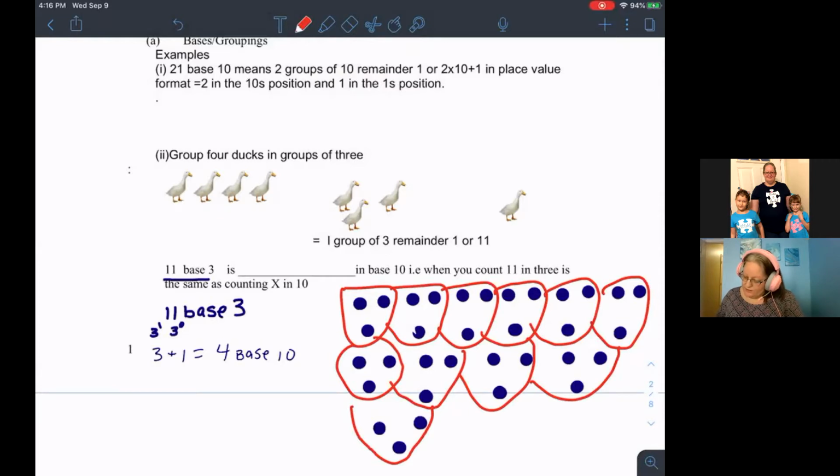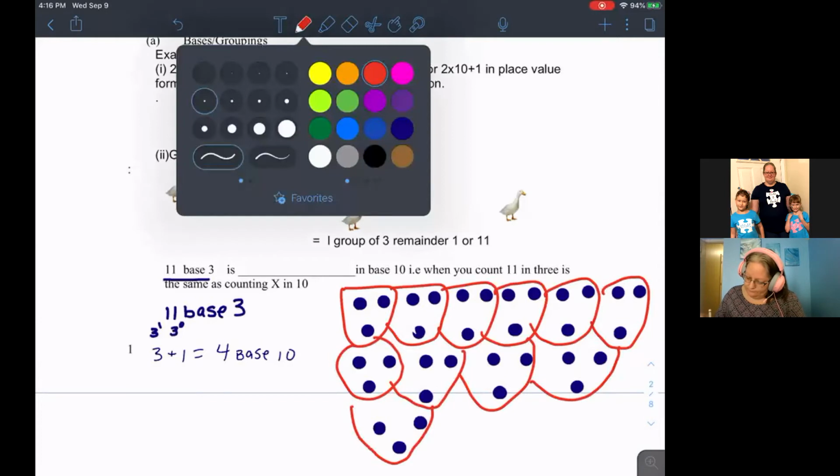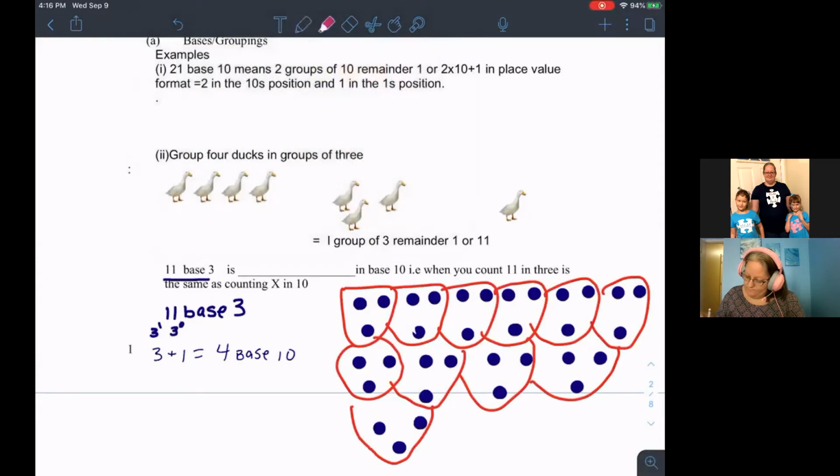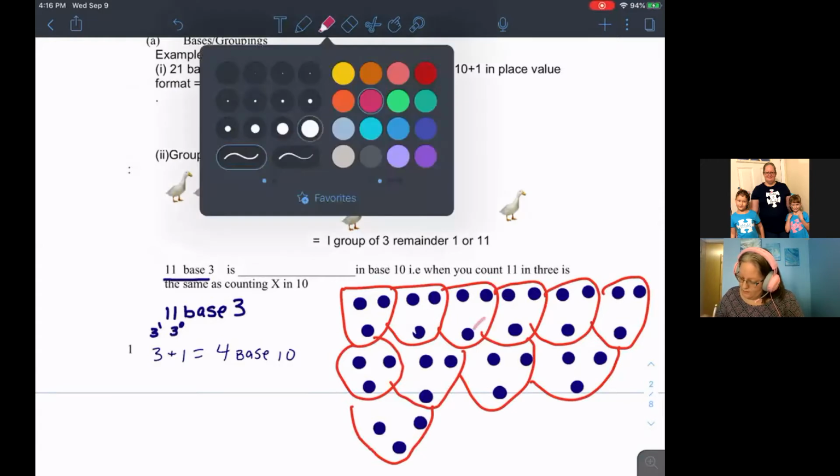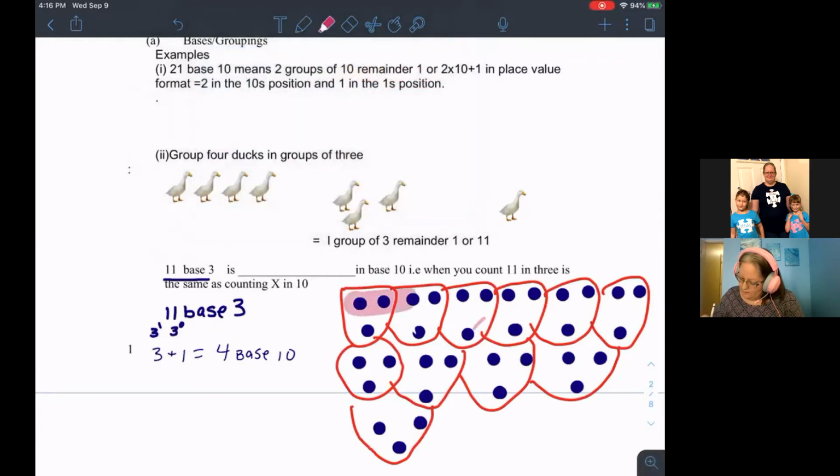So then if we wanted to recalculate that into base 10, let's see. You would do every 10: 1, 2, 3, 4, 5, 6, 7, 8, 9, and then we have 10.